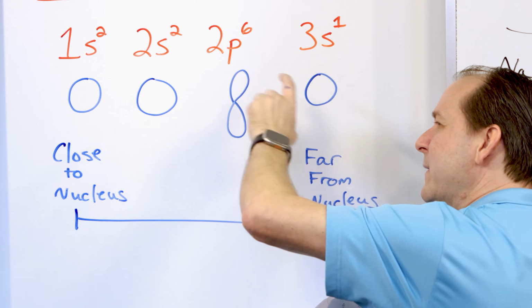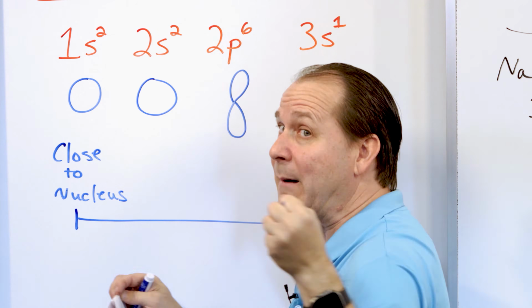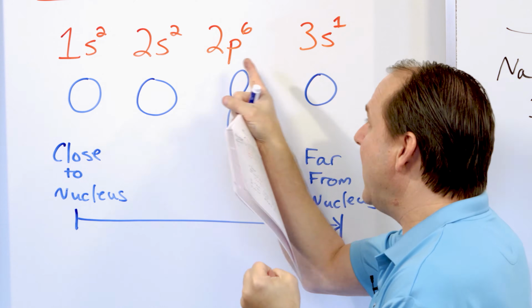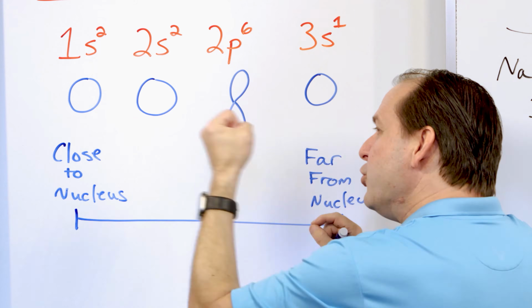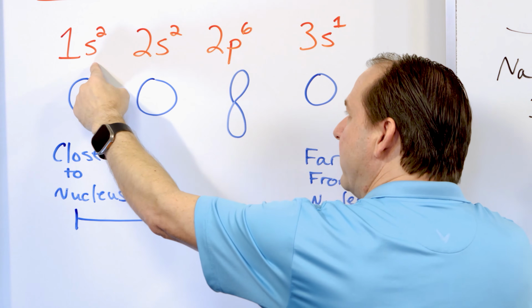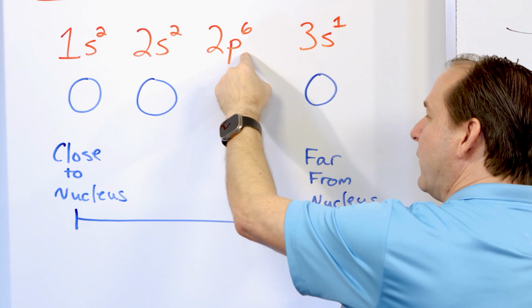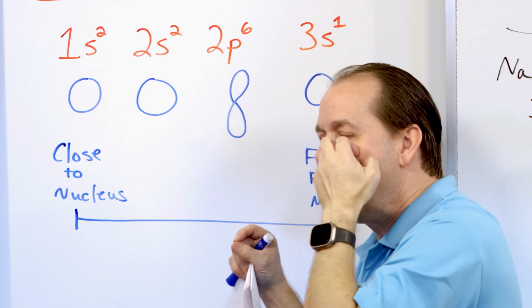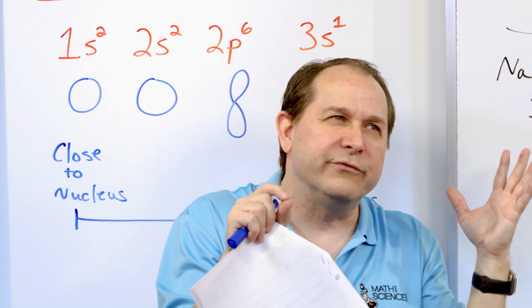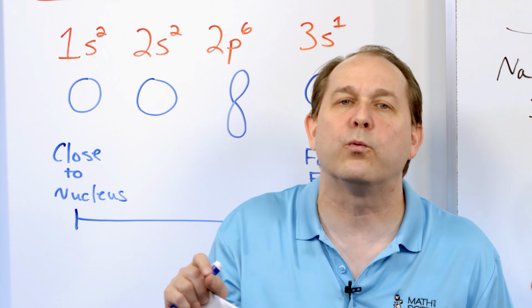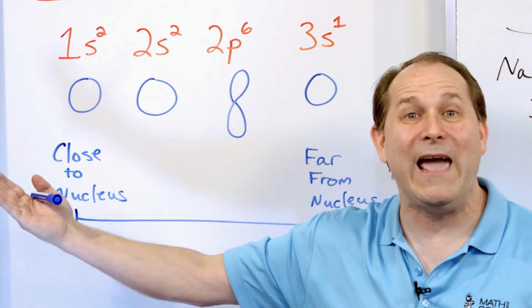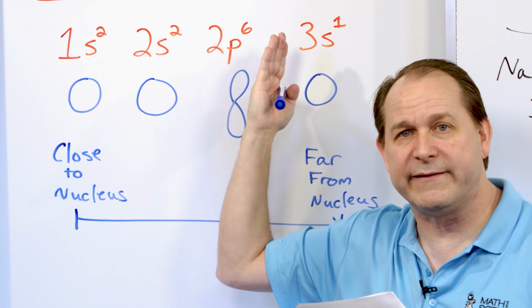But remember, opposites attract, so I have a negative, and that nucleus is positive. However, in between you and that nucleus are 2 electrons here, 2 electrons here, 6 electrons here, and then I'm way out here. So I don't see the full pull of 11 protons in the nucleus pulling on me. Why? Because the nucleus is way over there, and there's a ton of negative electrons in the way.